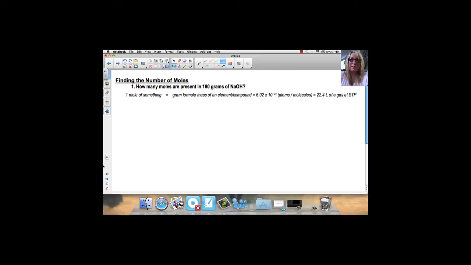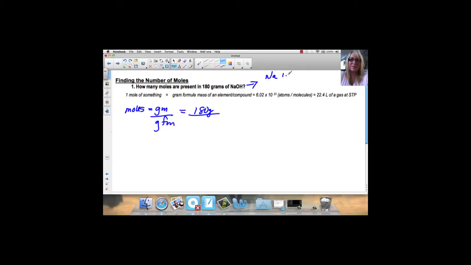How many moles are present in 180 grams of NaOH? Well, again, I can do this one 2 ways. I can use my moles equals given mass over GFM, and I know I have 180 grams, and they don't give me the GFM of NaOH.